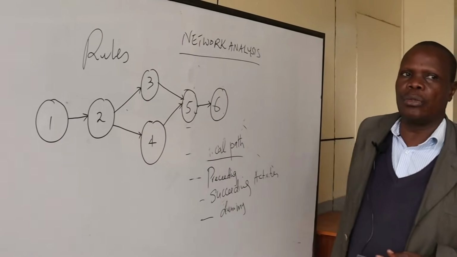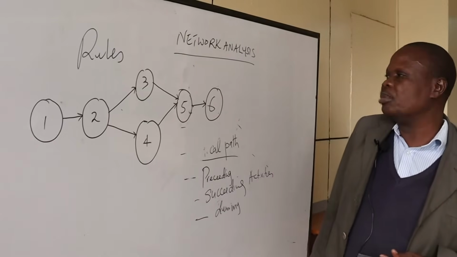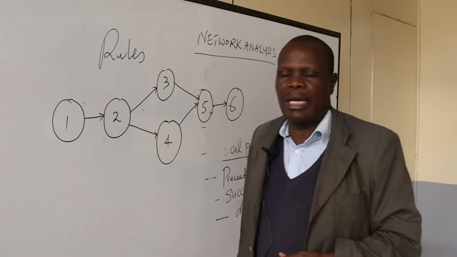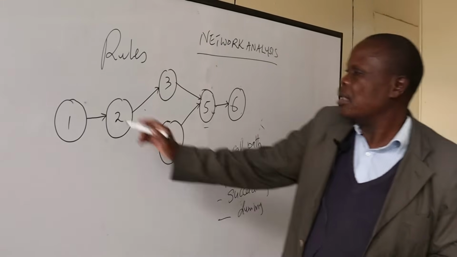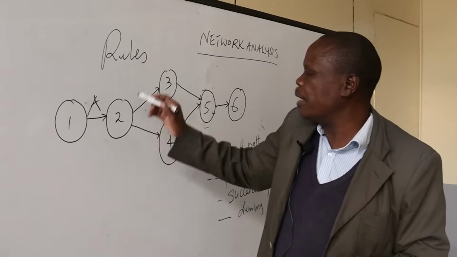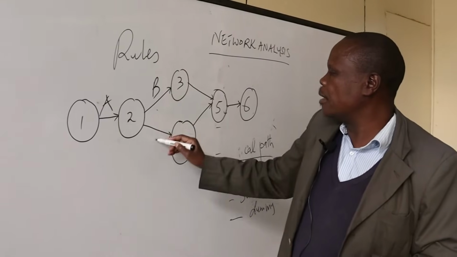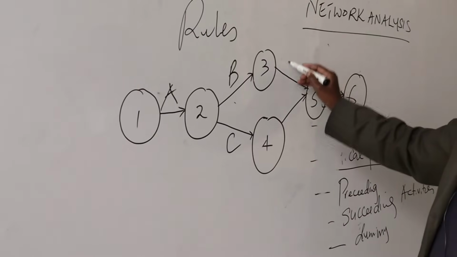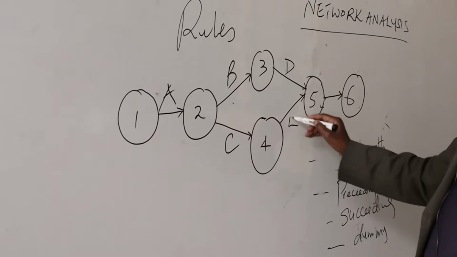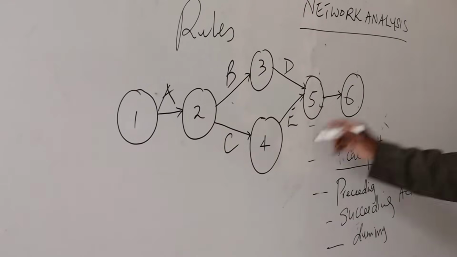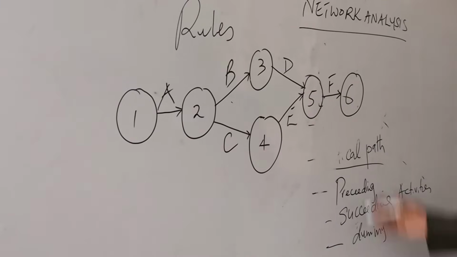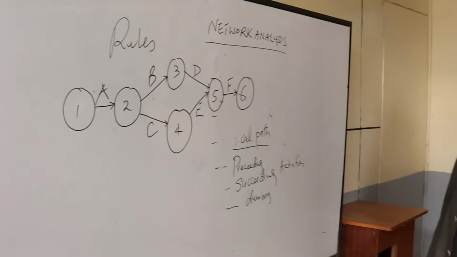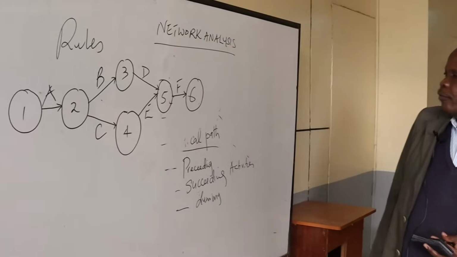And the other rule is they must be indicated by capital letters, but at times by numbers. Capital letters like A represents activity, B represents another activity, C represents another activity, D represents another activity, E, and for that network diagram, the last activity to occur is activity F.